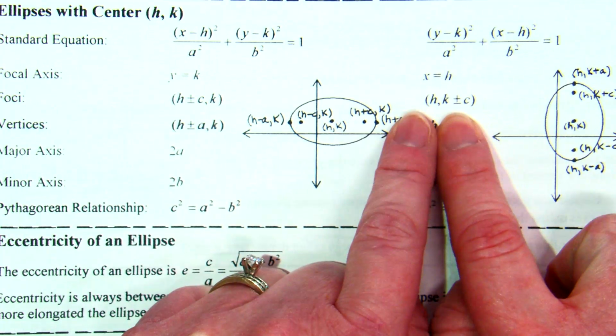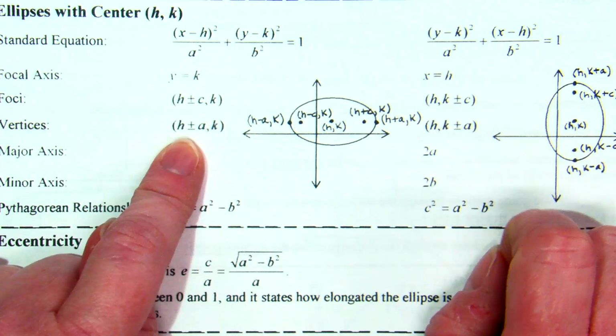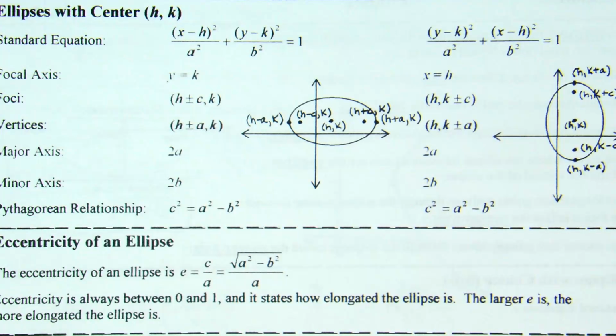So over here, it's still plus or minus c and a on the y value. Over here, it's still plus or minus c and a in the x value, just like the front side, except tag in the h and k. Major axis, minor axis, and the Pythagorean relationship do not change. They're still the same. And as I reminded you yesterday, all this information is provided on the test. So it's not about memorizing, it's about understanding how to use it.